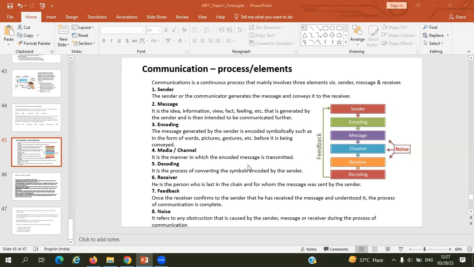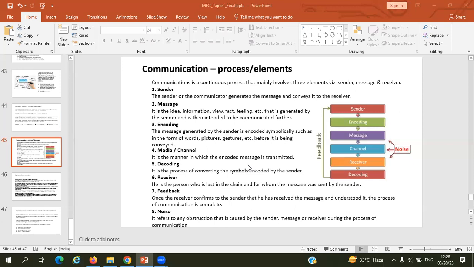You are the person in the chain who is getting my communication, getting my message after all these things. So receiver is one important element, an important process in the communication cycle.